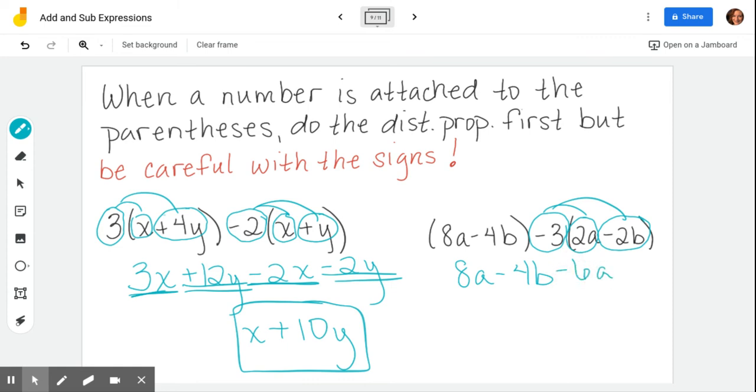Be careful here. Negative 3 times negative 2b is positive 6b. Like terms, 8a minus 6a leaves me with 2a. Minus 4b and positive 6b, put those together, you get positive 2b.